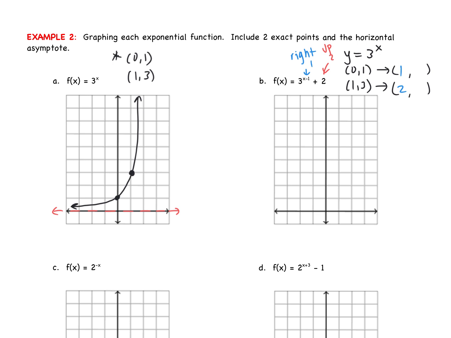And then I'm going to change to the up. If I have a value of 1 and I move it up 2 units, it's now going to be at 3. And then if I have a y-coordinate of 3 and I move it up 2, it's going to be at 5.